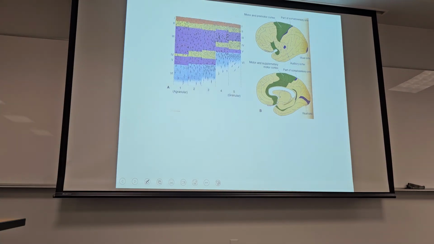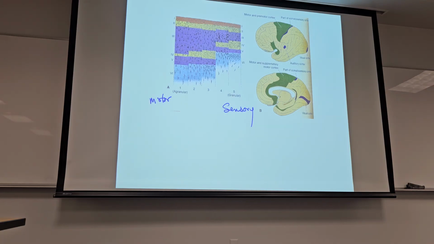They're the same layer 3, but they're slightly different in that kind of distribution. And the agranular, these tend to be more of the motor cortex areas, whereas the granular, these tend to be more of the sensory type of cortical areas. Okay? It's not 100%, but generally this is the kind of broad general rule.